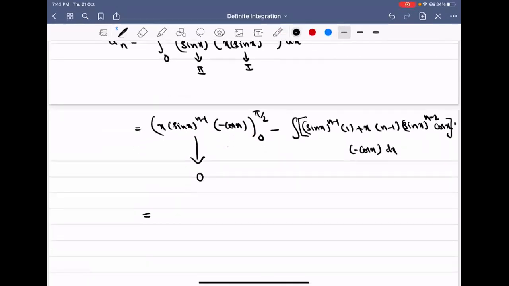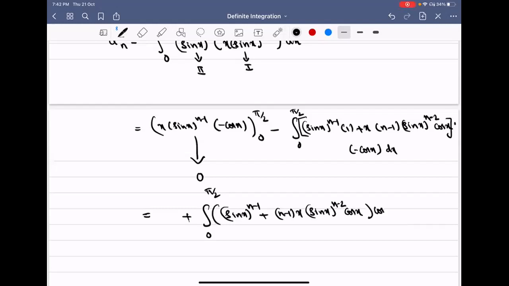So this is equal to, minus minus plus, that is plus integration, the limits are from 0 to pi by 2, of sin x power n minus 1 plus n minus 1 into x into sin x power n minus 2 into cos x dx.